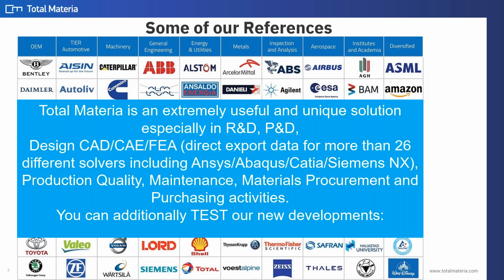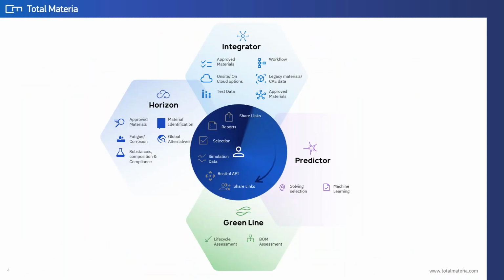You can additionally test our new developments as well, because I am going to introduce Horizon right now, Total Materia Horizon, with over 600,000 materials and over 25 million properties of those materials.